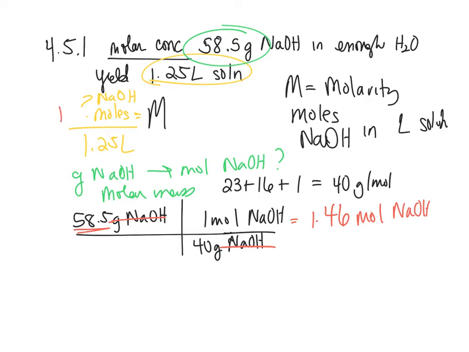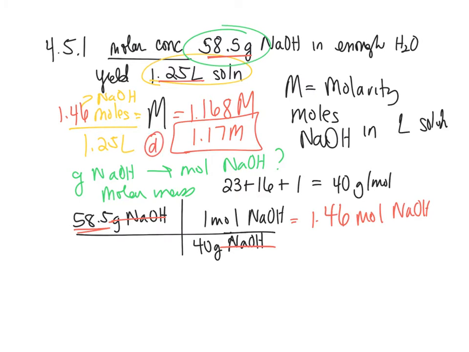So now I can put this up here, 1.46, and I'm going to take 1.46 divided by 1.25, and I get my answer to be 1.168 big M. And I only need 3 significant figures because that's all it's given, so 1.17 M. If you look for that answer, you see that there is an answer, and that is D. All right, so let's go to the next question.